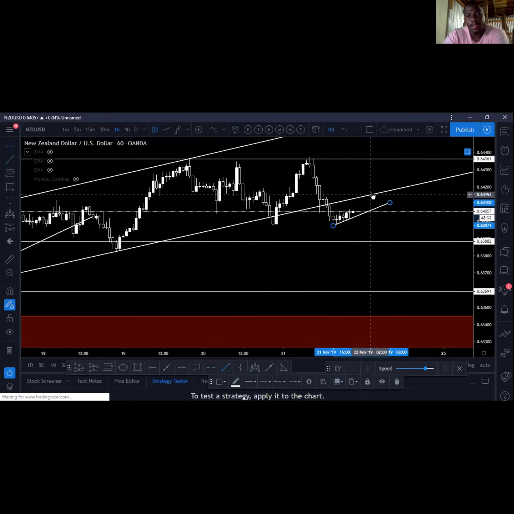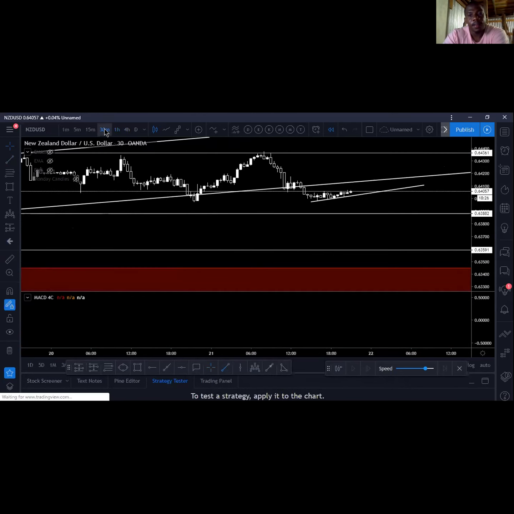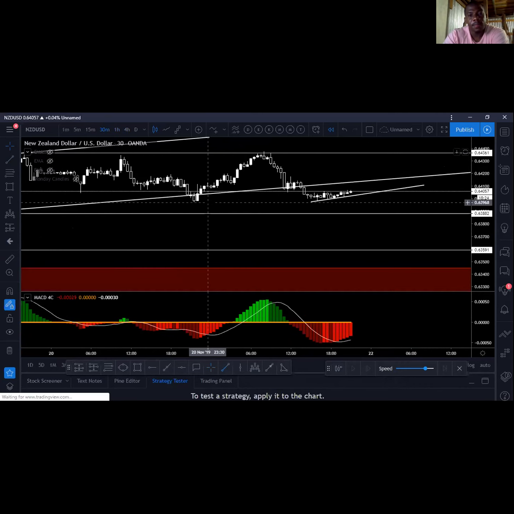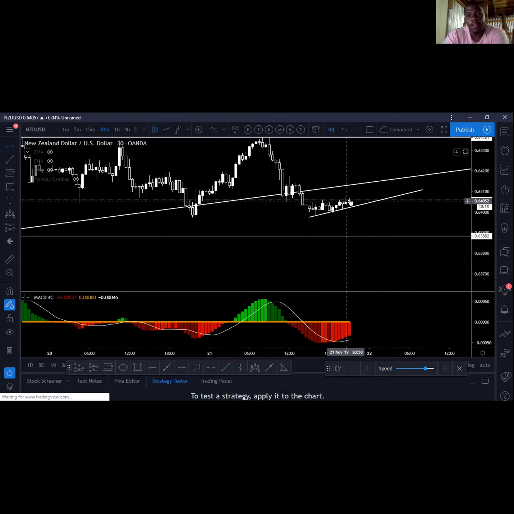So a nice flag is forming here. When I drop down a couple time frames, we're waiting for the flag to finish forming, and we're looking for a retest of the 0 line. And then we can look to continue this sell trade.